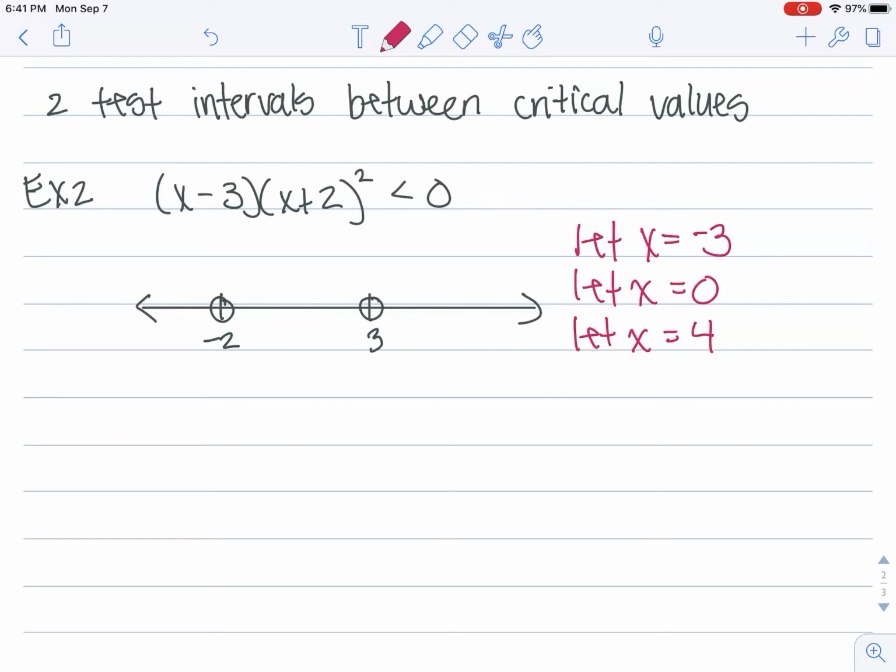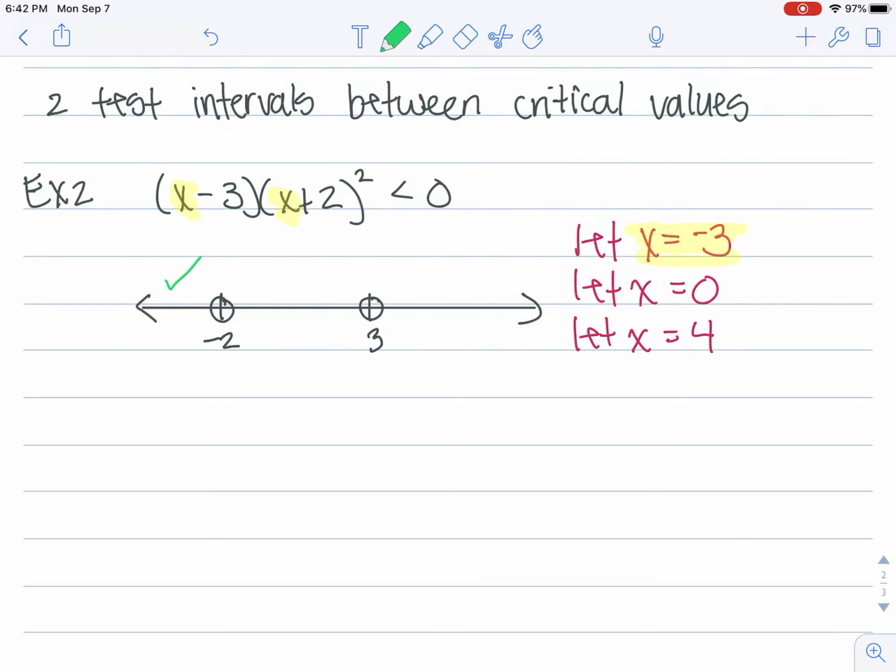Now, pick these values and plug them into the inequality. If you get a true statement, then we literally will shade in the area. If it's false, then we do not shade there, okay? Alright, so when I plugged in -3, I came out to a true statement.